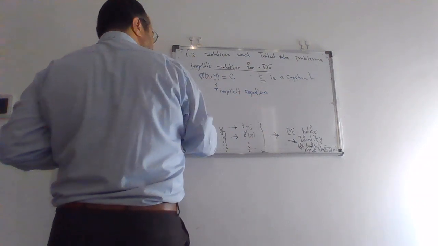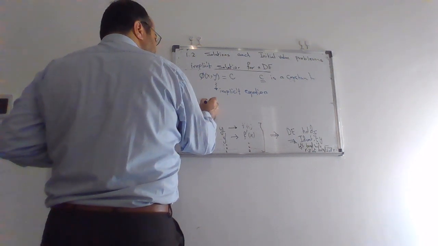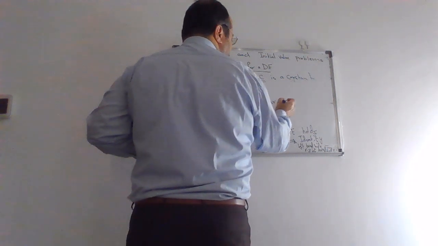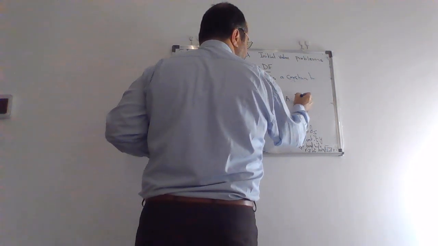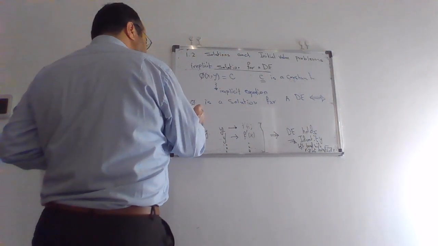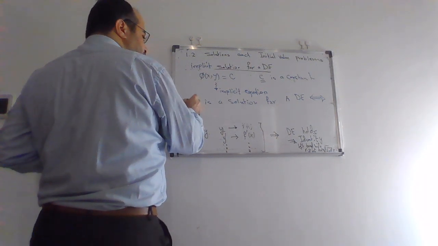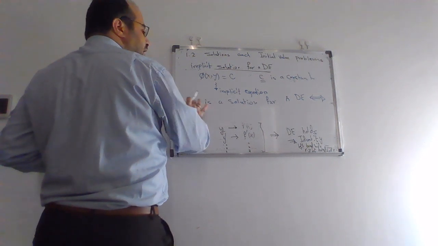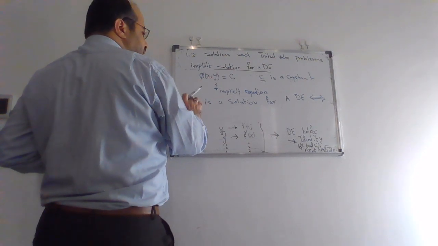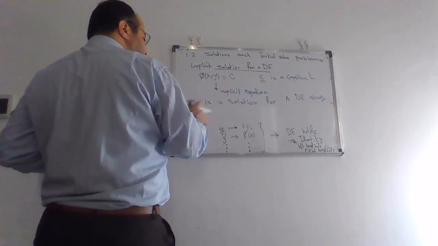Now this phi is a solution for a differential equation if and only if it is satisfying the differential equation. But how are we going to write this? We're going to write that it contains one or more explicit solutions.